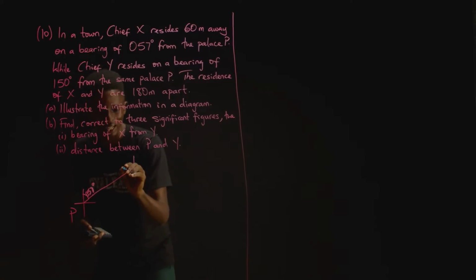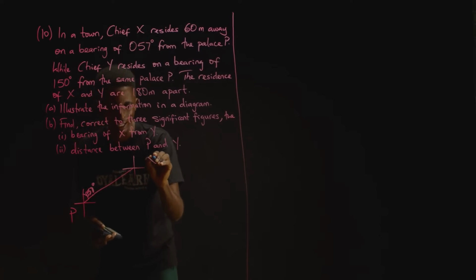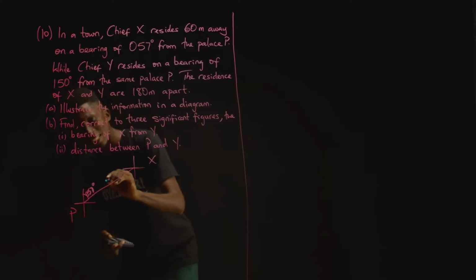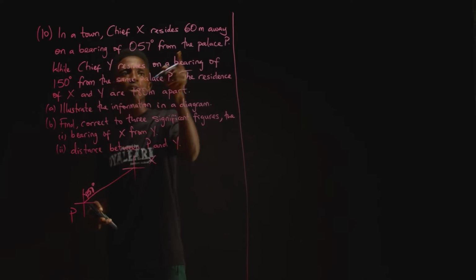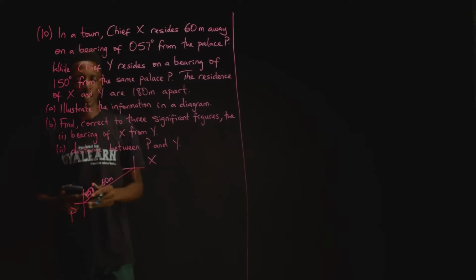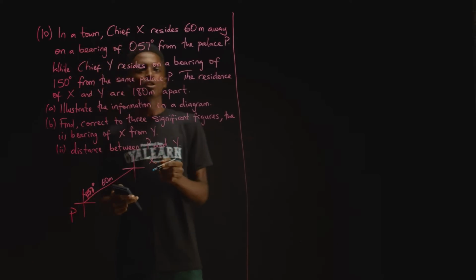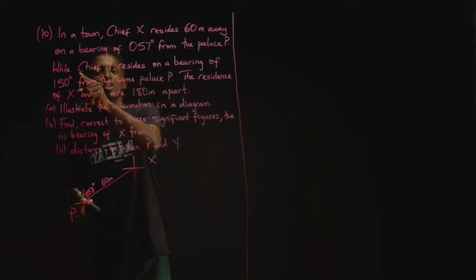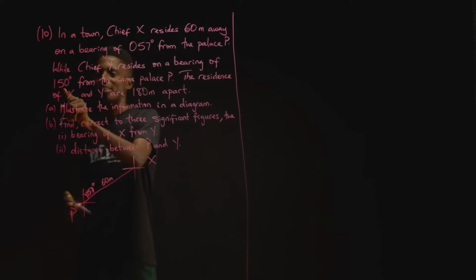To the residence of Chief X, right? And this distance is given as what? From the question, 60 meters away. Now, the next part of the question tells us that Chief Y resides on a bearing of 150 degrees.